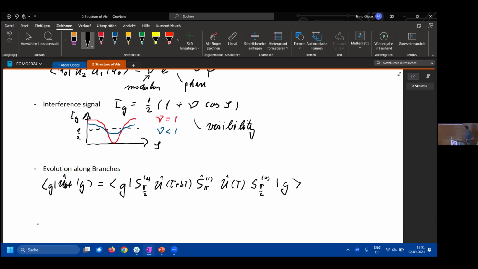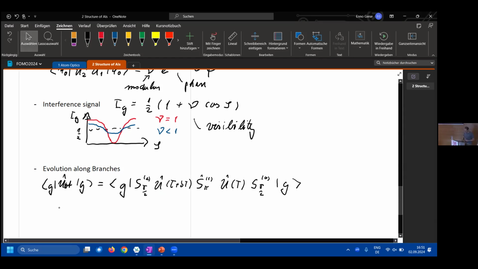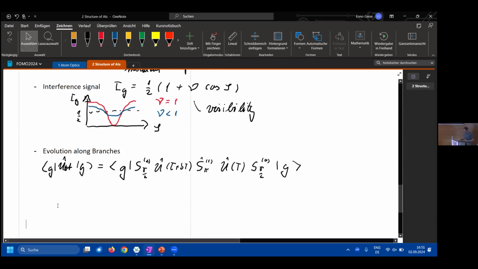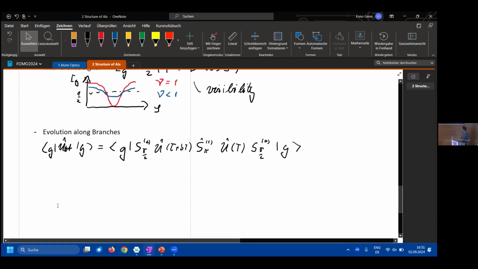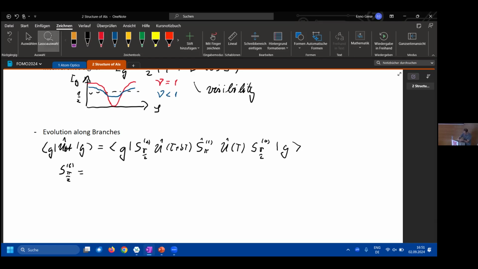Okay, so let's just recall our beam splitter pulse. It's right at the whiteboard, but I just write it down again. S_L pi/2. And maybe I just move this a little bit down.